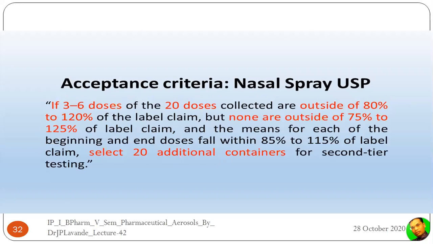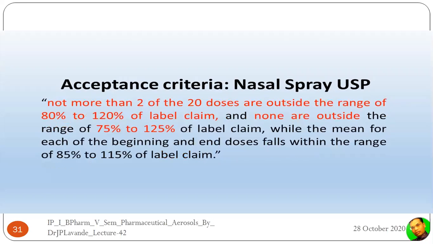Then another acceptance criterion: if 3 to 6 doses of the 20 doses collected are outside 80 to 120, this is in accordance with the first. If two are outside 80 to 120 but within 75 to 125, and the average is between 85 to 115, then it passes.